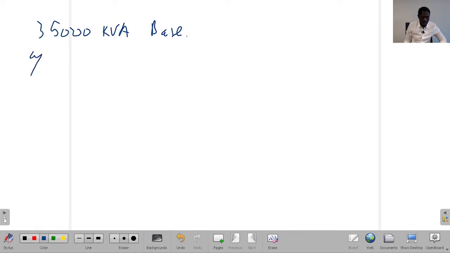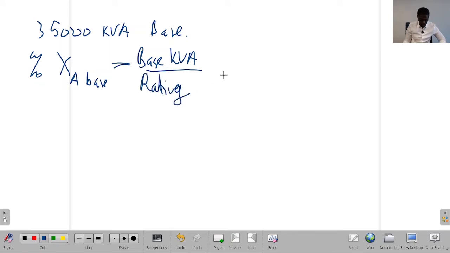So the percentage reactance that we get for alternator A at base kVA is going to be equal to the base kVA over the actual rating of the system multiplied by the percentage reactance that is provided by the system.